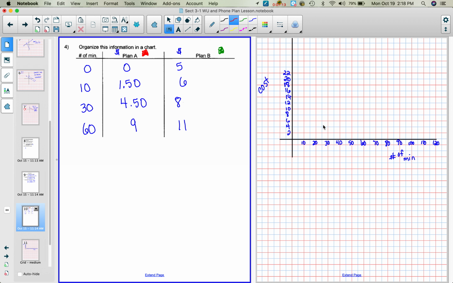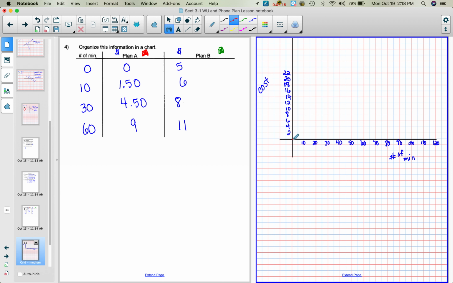So Plan A, I'm going to plot the point 0, 0, and then 10 and $1.50, kind of approximate where that goes, and then 30, $4.50. Okay, I should have counted by 1s this direction. Hindsight, they say, is 20/20. And 60, I'm going to plot on the 9.